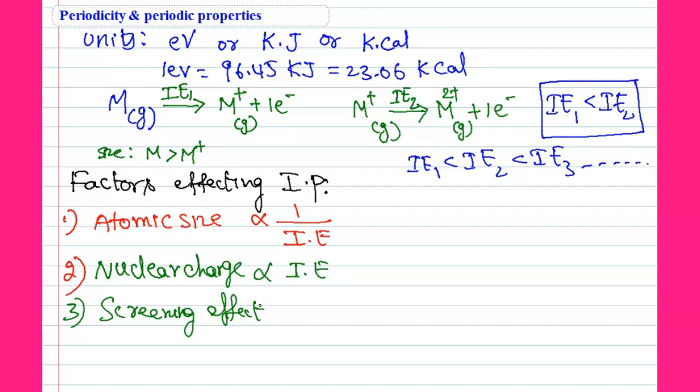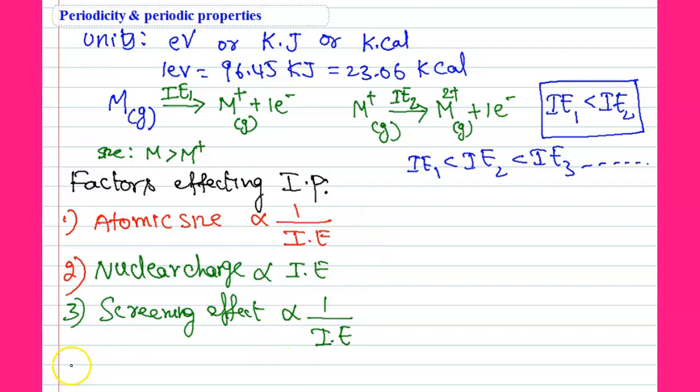Then the valence electrons do not feel the nuclear attraction, so removal of electrons is very easy. The more the screening effect, the easier the removal, which means low ionization energy. So as the screening effect increases, ionization energy decreases.